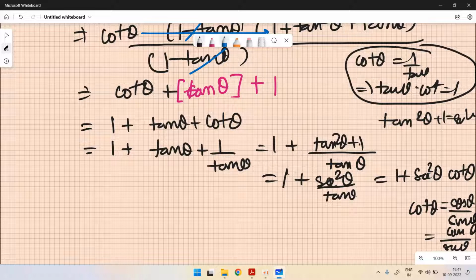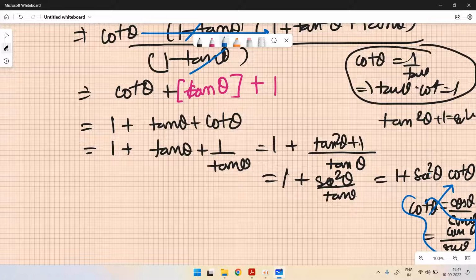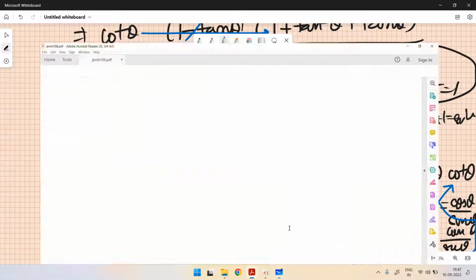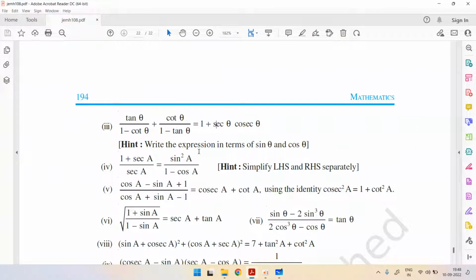Putting this value of cot theta here, you get 1 plus secant square theta, and in place of cot theta I write cosecant theta by secant theta. So one secant theta and one secant square theta cancel, this will become 1 plus secant theta into cosecant theta, which is equal to RHS. Hence proved. The third is over.